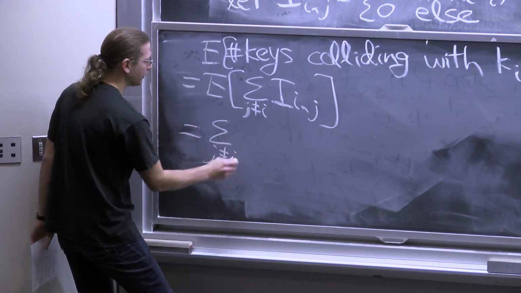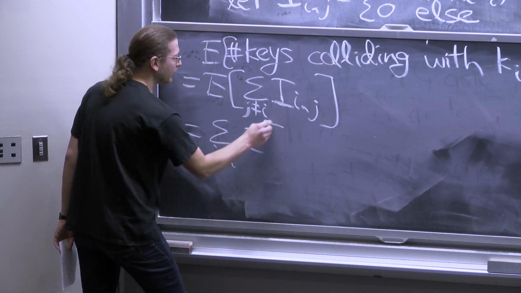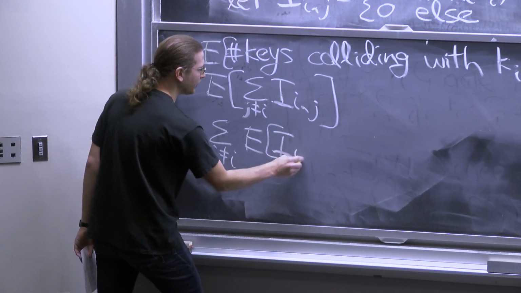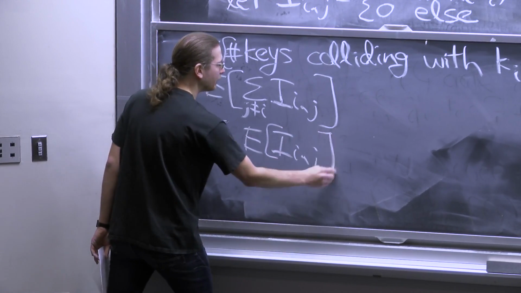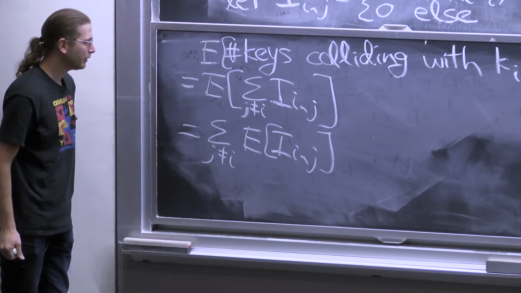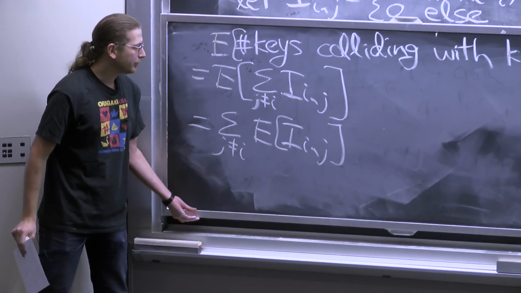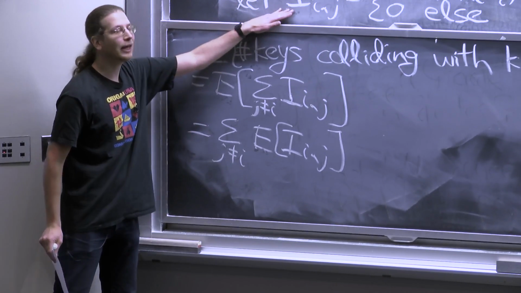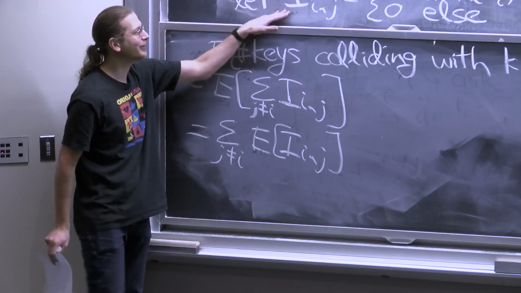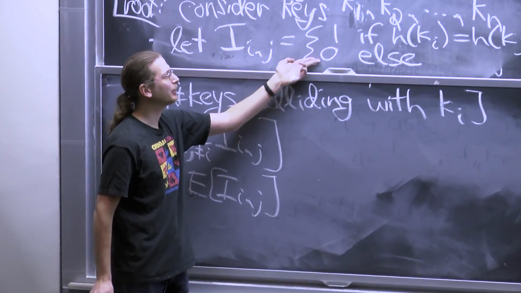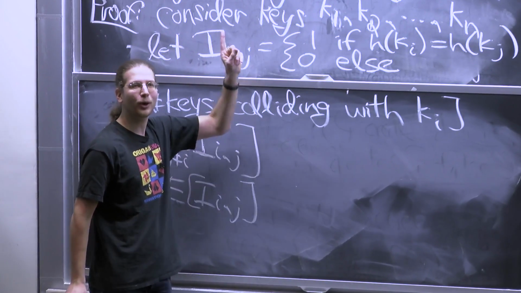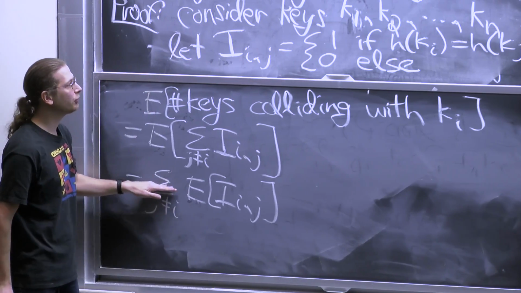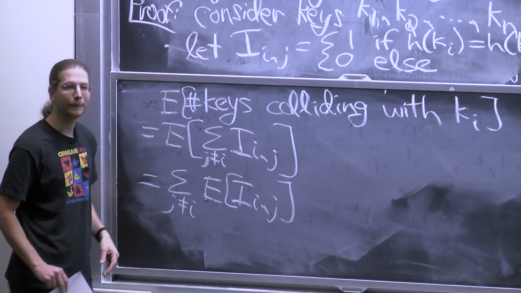So we want to talk about expectation of the simplest thing possible. So linearity lets us put the E inside the sum without losing anything. Now, the expectation of an indicator random variable is pretty simple because the zeros don't contribute to the expectation. The ones contribute 1. So this is the same thing as just the probability of this being 1.